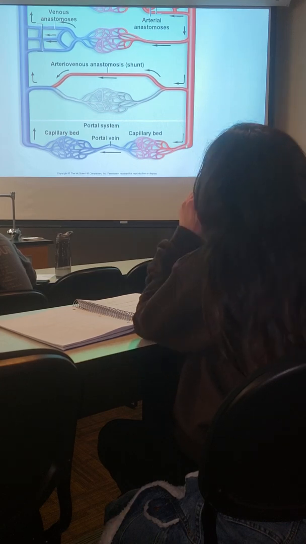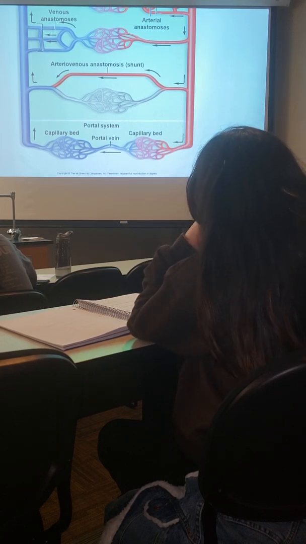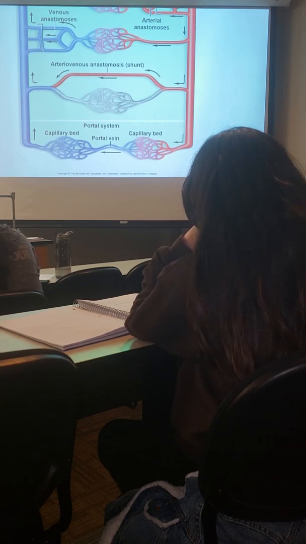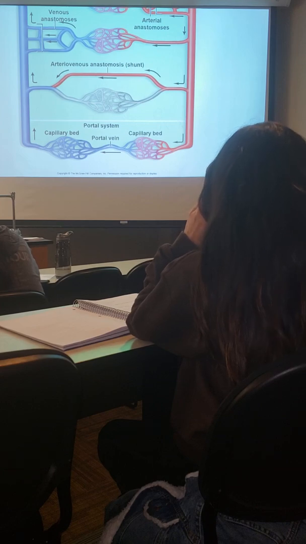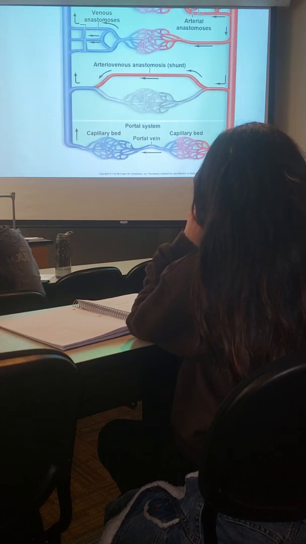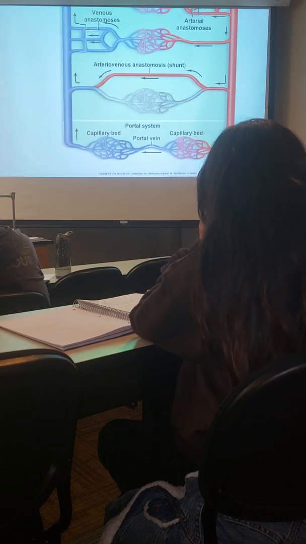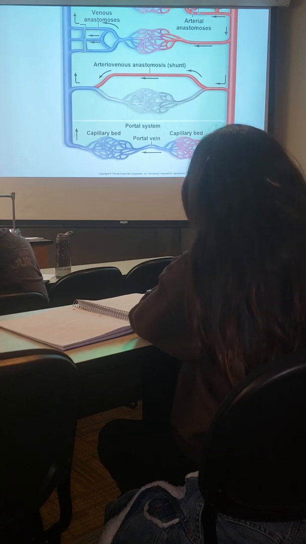Oxygenated blood. And you can see that this blue is deoxygenated blood. So in this first capillary bed right here, gas exchange is happening. It's the normal capillary bed, right? But if we look at this second bed right here, it's blue blood going to blue blood. There's no gas exchange happening here, right?